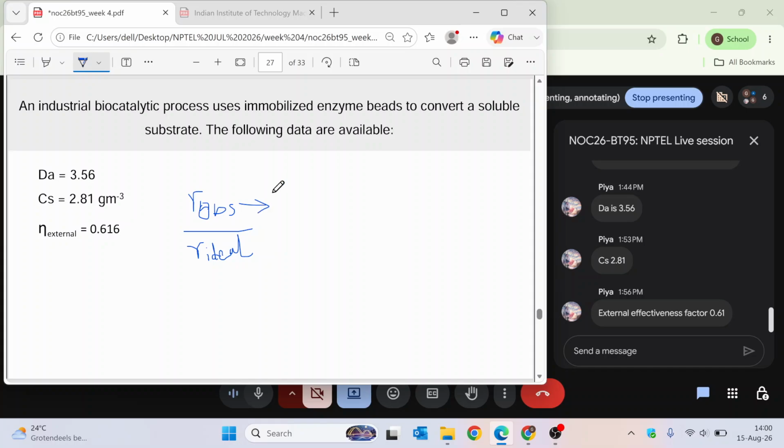So in order to find the observed rate, you go with KsA into Cb minus Cs. You have all these values again, so you just substitute and find your observed rate. And your rate without external resistance is going to be the ideal or the maximum rate. It is Vmax Cb by Km plus Cb.